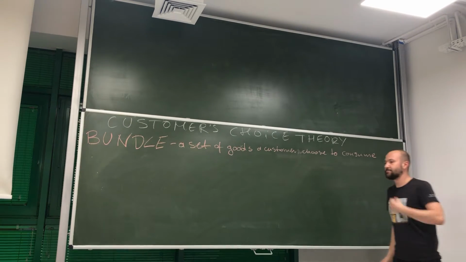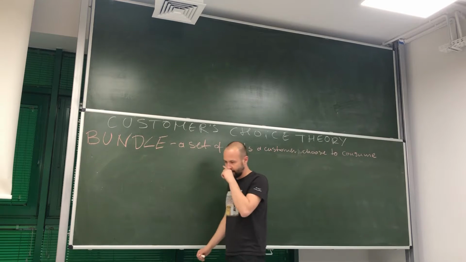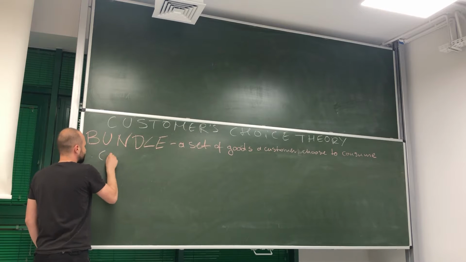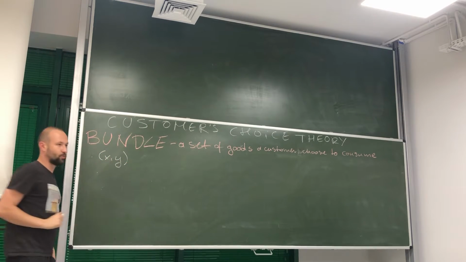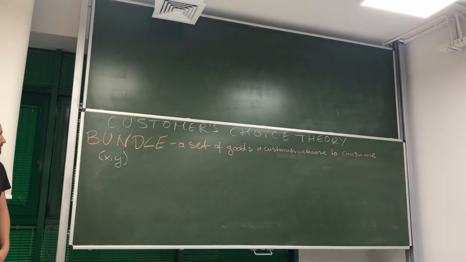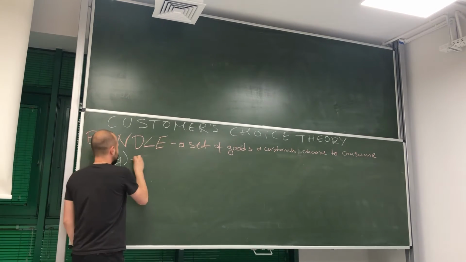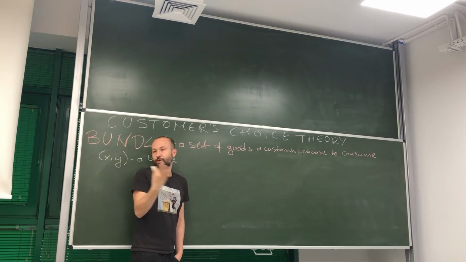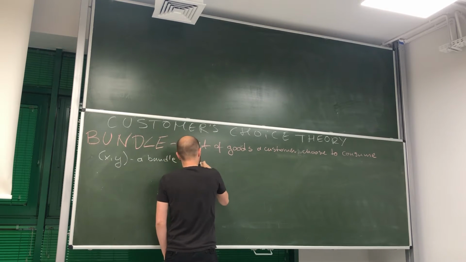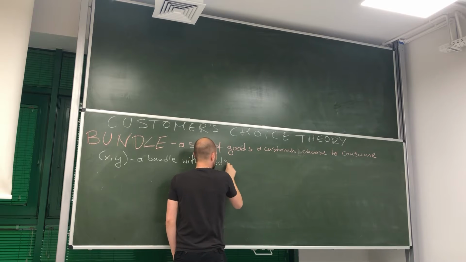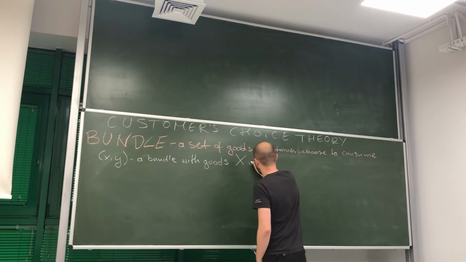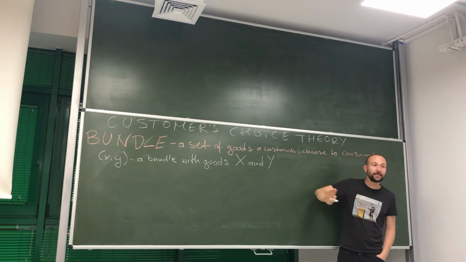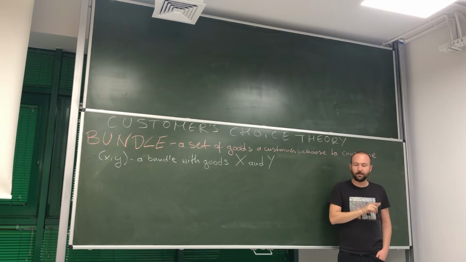However, again, not to make things too complicated, we're just going to start with a very small bundle, (X, Y). When we see something like that, we know that this is a bundle with goods X and Y. However, please notice one important thing.